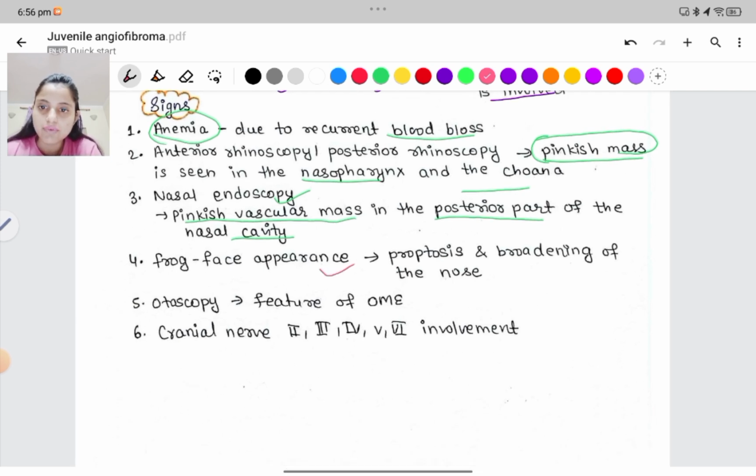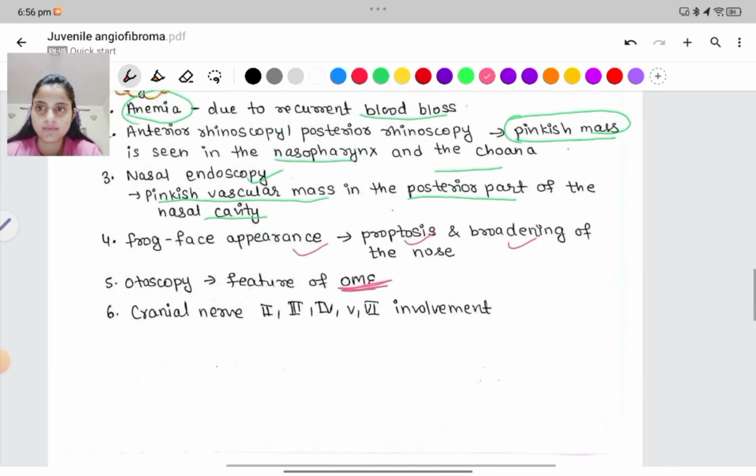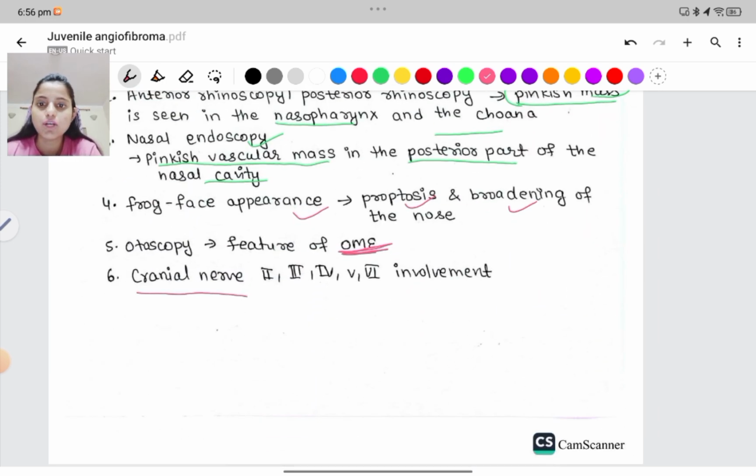Frog face appearance is seen, in which there is proptosis and broadening of the nose. On otoscopy, we see features of otitis media with effusion, as the tumor blocks the eustachian tube. There will be cranial nerve involvement, 2, 3, 4, 5, 6.